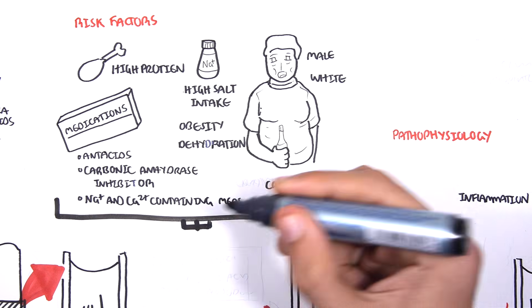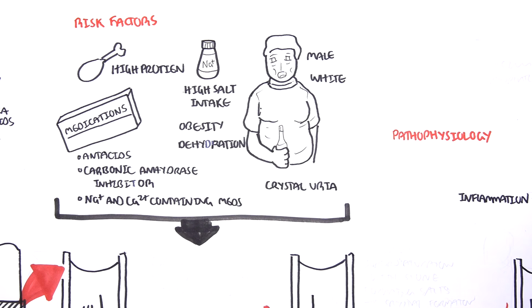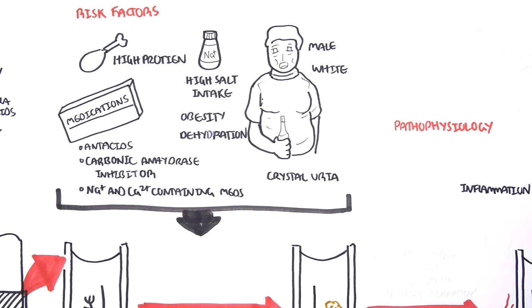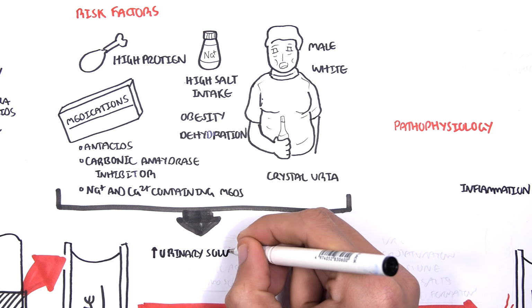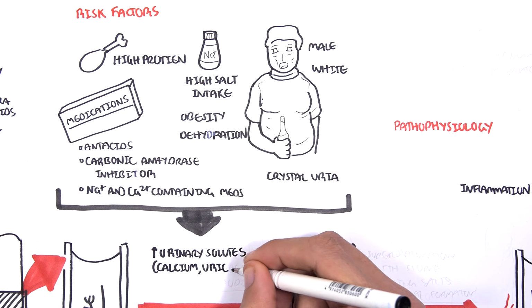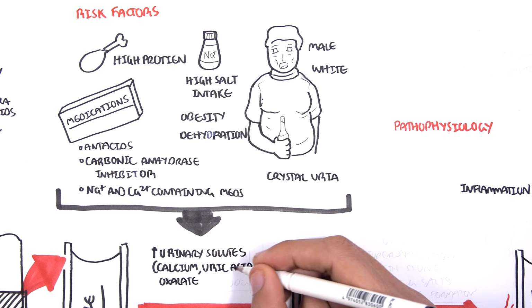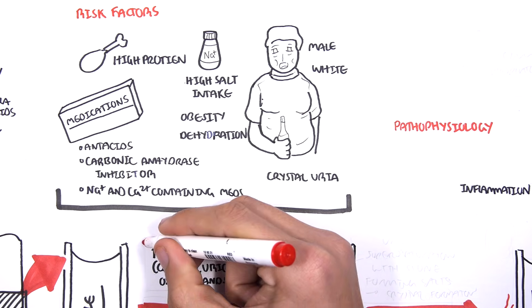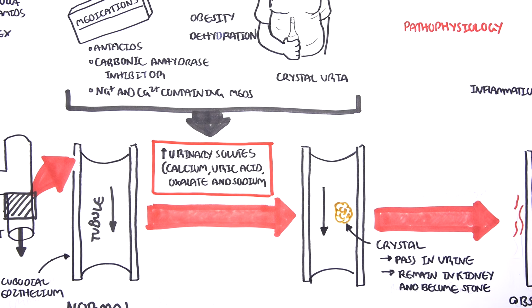These risk factors will lead to a number of things. First, some of these risk factors will increase urinary solute concentration, including concentrations of calcium, uric acid, and calcium oxalate and sodium.